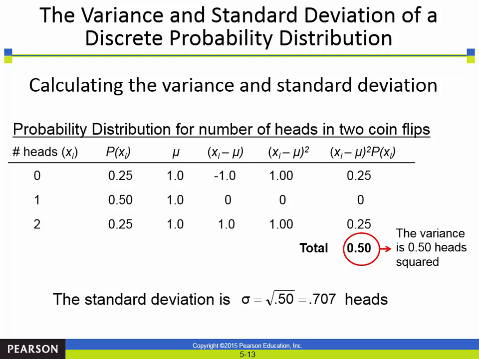Oh, there's x1. I got confused. So we take 0 minus the mean, we square it, add them up, and that gives us the variance. Then we take the square root of the variance, and that gives us the standard deviation. We've done this already as well, okay?